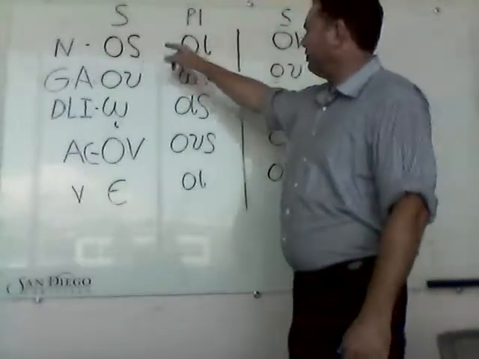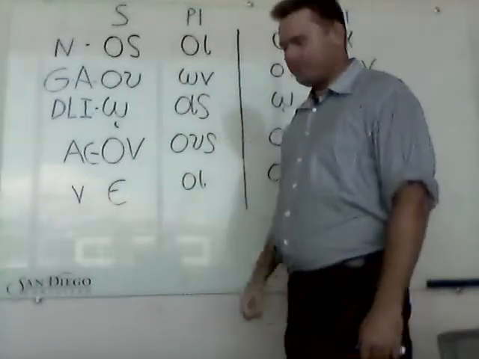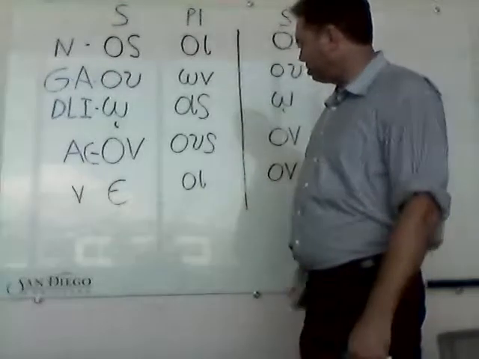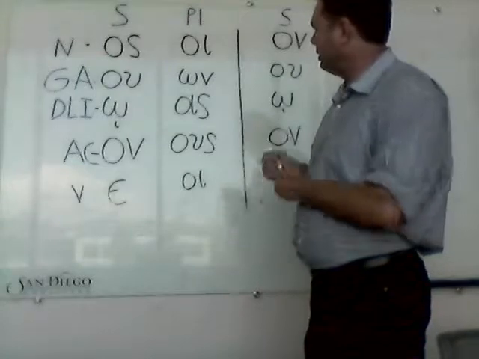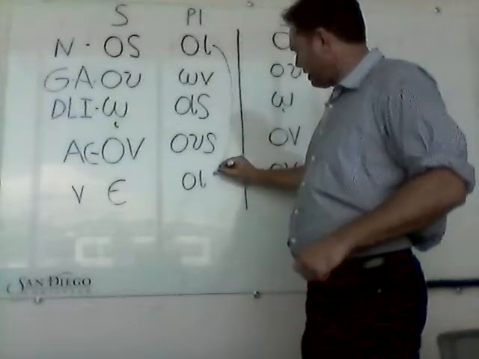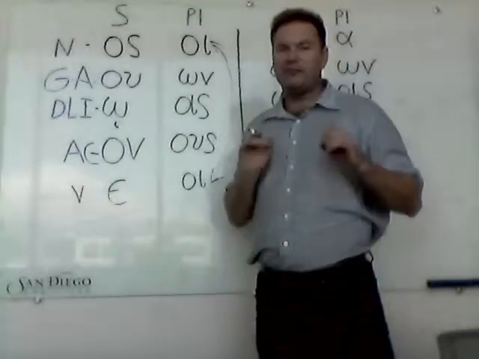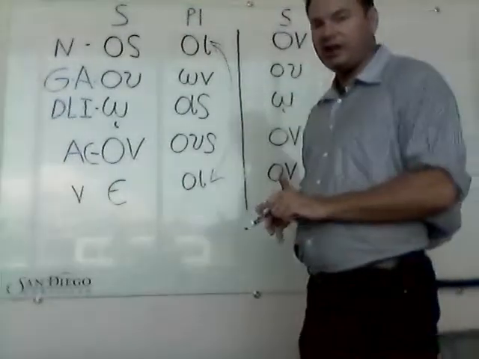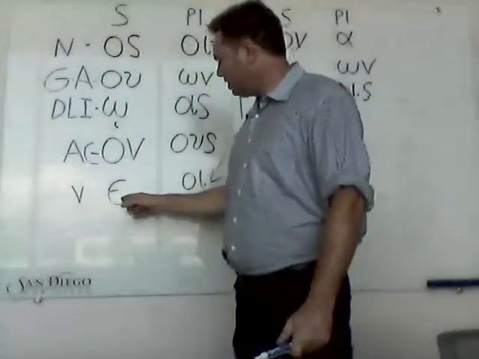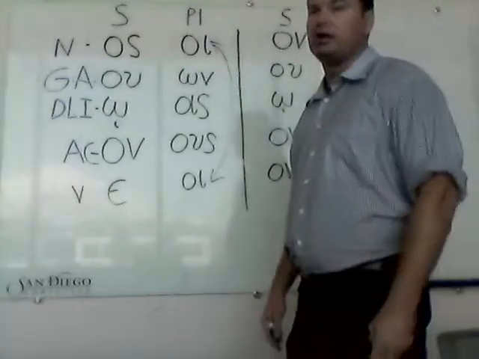Over here we have the singular endings, os, u, o, on, e. Over here we have the plural, oi, on, ois, us, and oi. Notice that these 2 share a form. But the reason we have 5 different cases is because in the masculine singular, the vocative has a unique form, which is an epsilon ending.